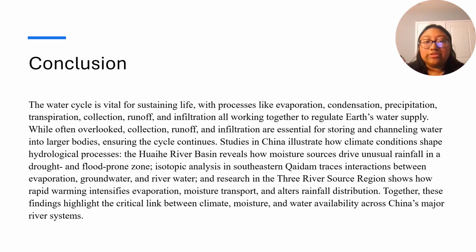Isotopic analysis in southeastern Quai traces interaction between evaporation, groundwater, and rivers, and research in the three river source region shows how rapid warming intensifies evaporation, moisture transport, and alters rainfall distribution. Together, these findings highlight the critical link between climate, moisture, and water availability across China's major river systems.